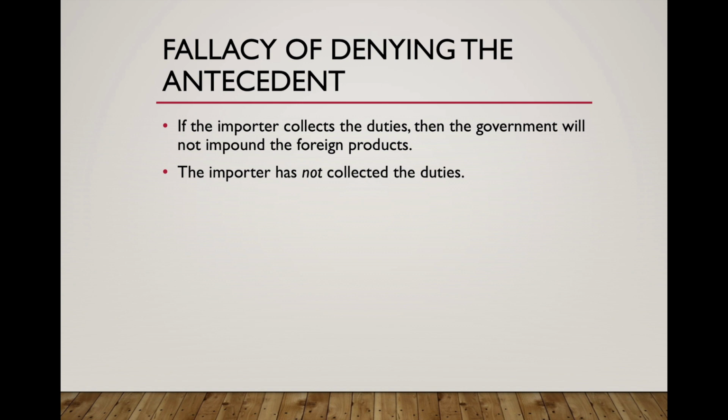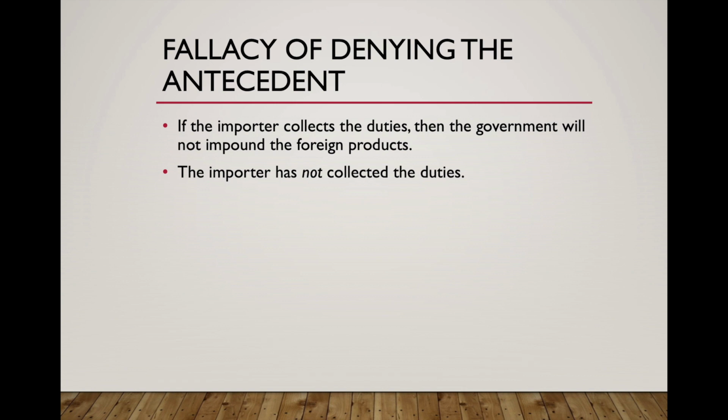So again, we note that this second premise refers to the antecedent, but in this case, that second premise denies the antecedent. It tells us, in other words, the antecedent is not true, or the condition which was set up under which the consequent would be true, that condition has not been met. So the second premise here denies the antecedent.